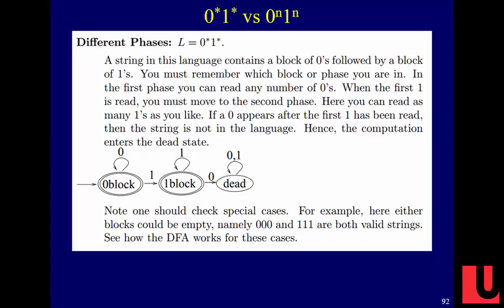No. No, you could have the string 1, 1, right? Because for the 0 star, you could have 0 zeros. So you start here, you read a 1, you read a 1, you accept.